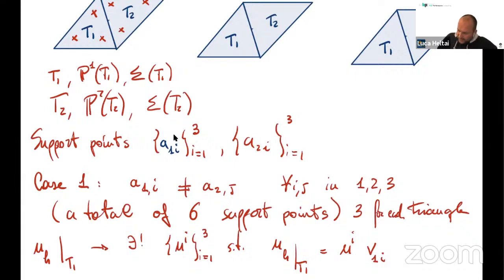And of course, you can write this U1I as the basis functions VI applied to UH multiplied by V1I.